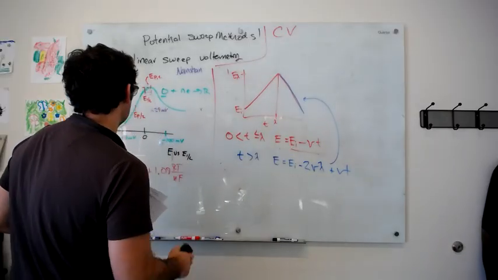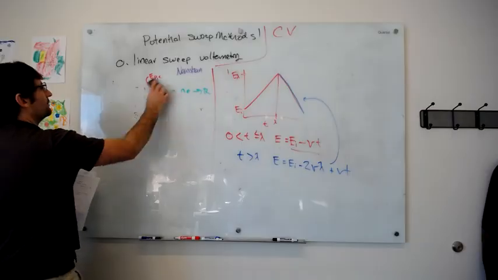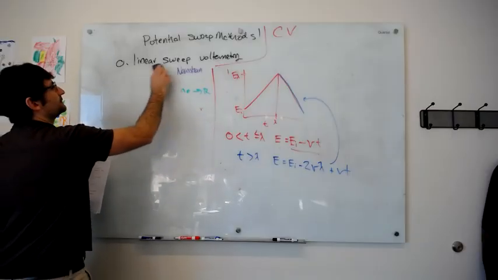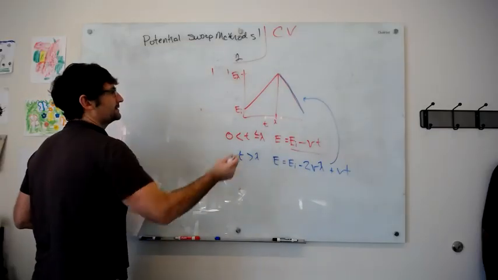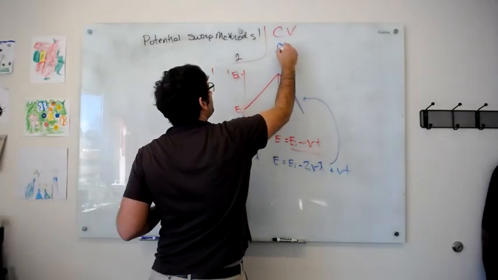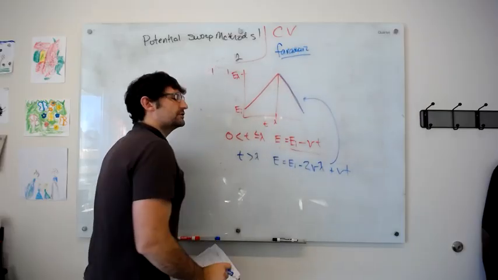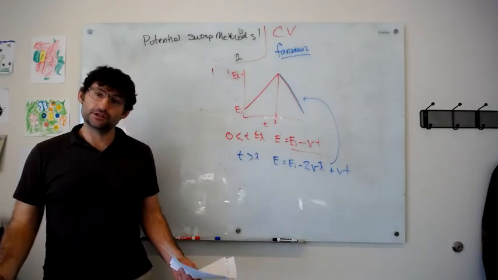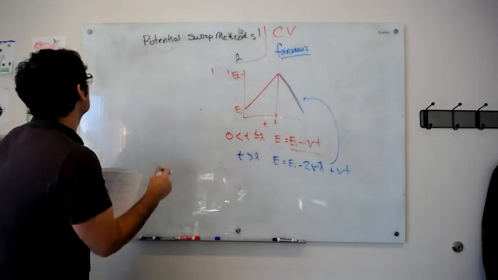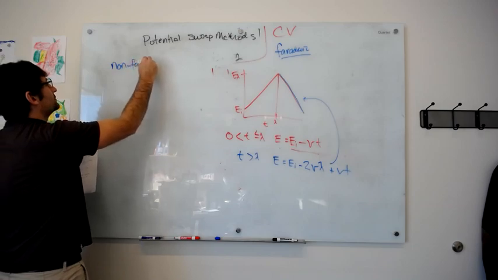One thing we want to think about, though, is what other responses might we measure while we're sweeping potential? So this is for Faradaic. This is going to be a Faradaic response. What other types of currents can we measure? Well, we learned in chapter 1 that we have non-Faradaic currents. What are non-Faradaic currents due to?